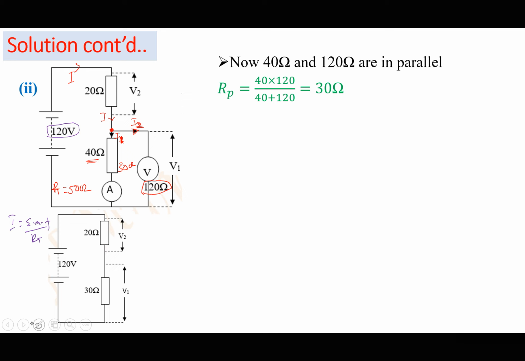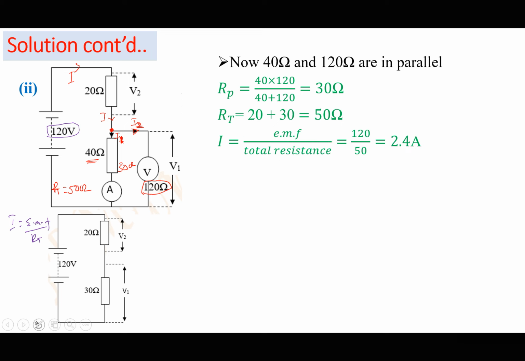Therefore, its resistance must be considered. Since total resistance is 50 ohms and current is EMF divided by total resistance, we divide the EMF, 120, by 50, and we get the current as 2.4 amperes.